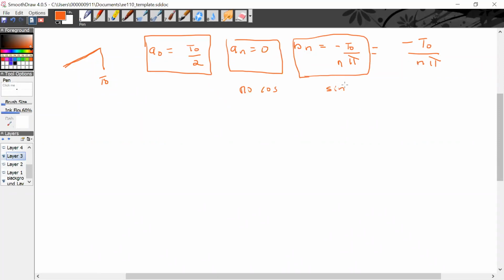And so now x of t would be T naught divided by 2, and we would sum from 1 up to infinity, and we can put the minus sign there.